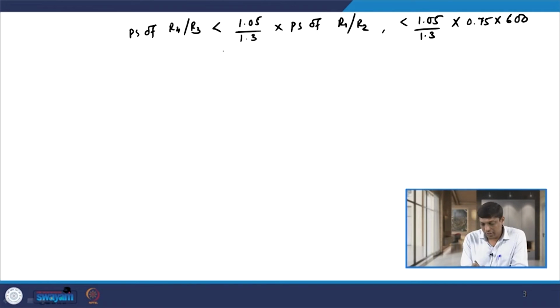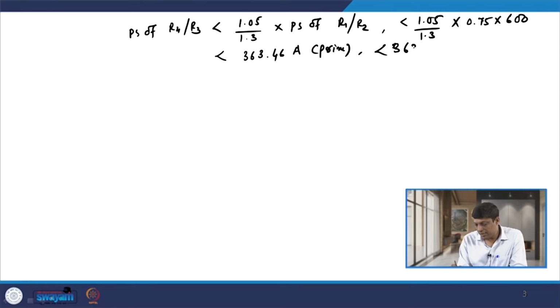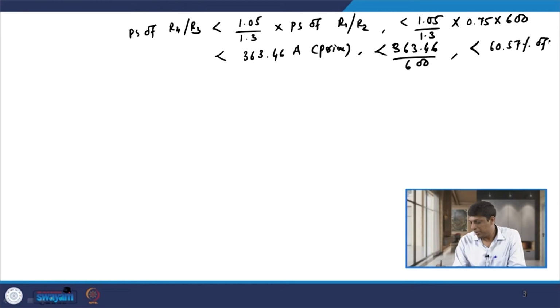If I calculate this value on the primary side, it comes out to be 363.46 ampere. This is on the primary side. If I divide by the CT ratio of R4 and R3, that is 363.46 divided by 600, that comes out to be, in percentage, 60.57% of 1 ampere.